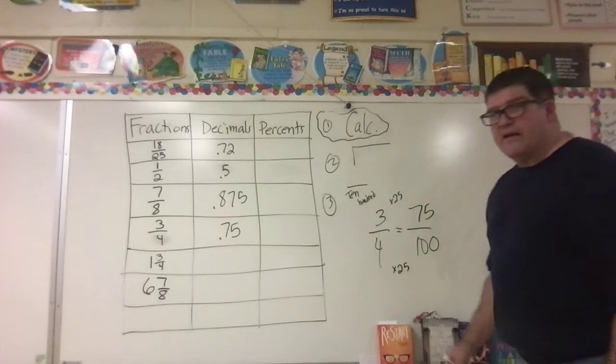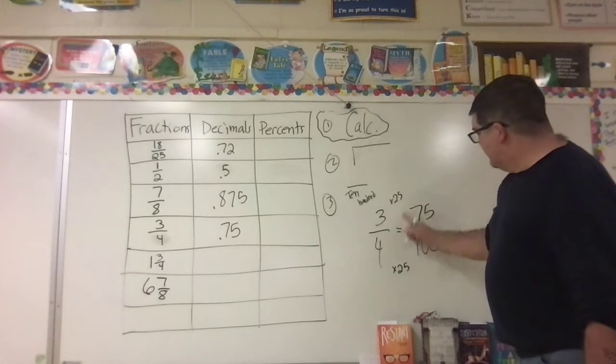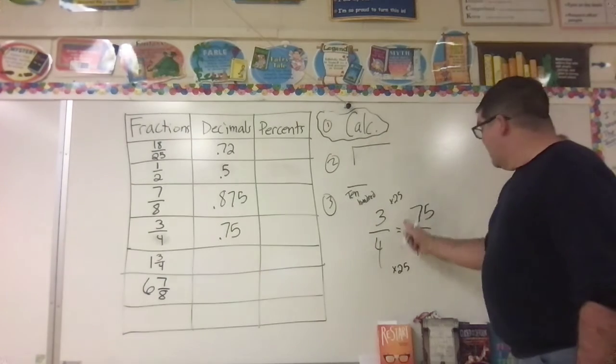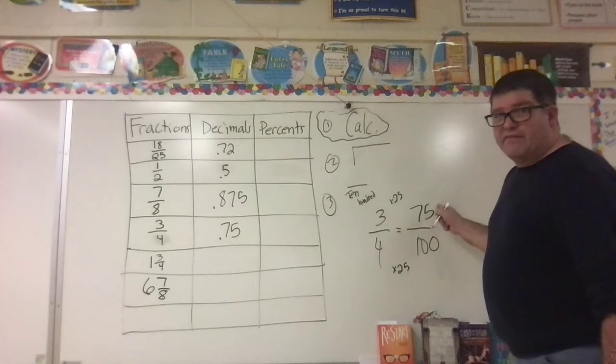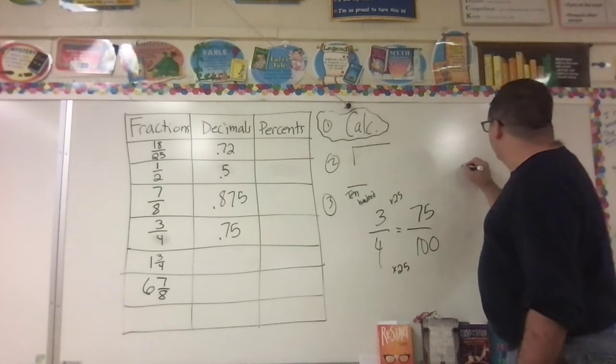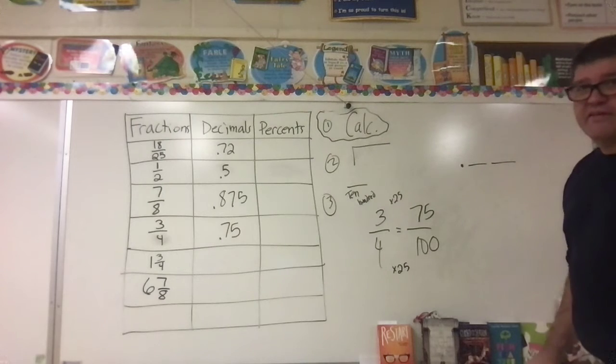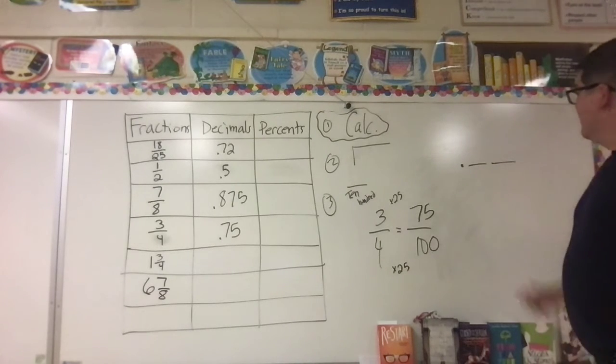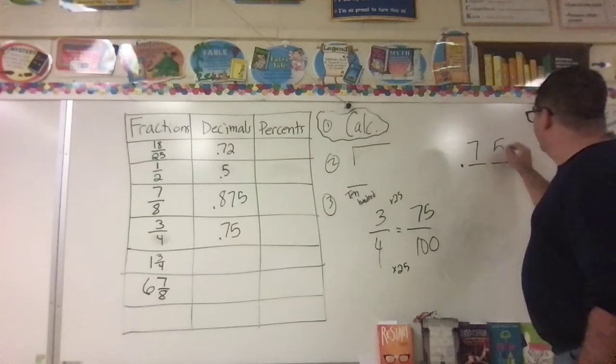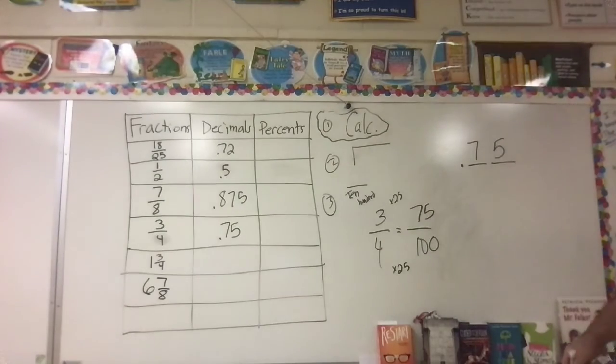And then I just read what this says. 75 hundredths. I know that that's my tenths, that's my hundredths, so I have to go to that one. 75 hundredths, 0.75.